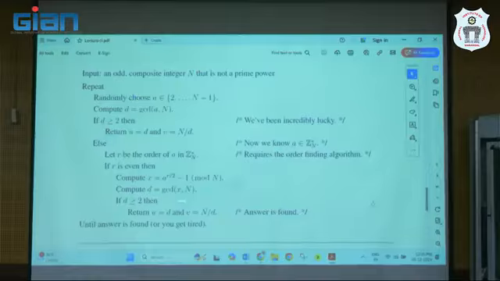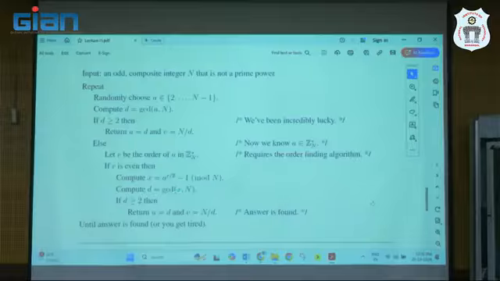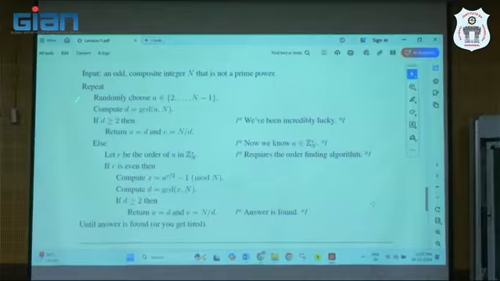If D is greater than or equal to 2, again you return, because if the GCD is greater than or equal to 2, it divides n. So you can return D and n over D. Agreed? And you keep repeating this. If you didn't get it, again randomly choose A.